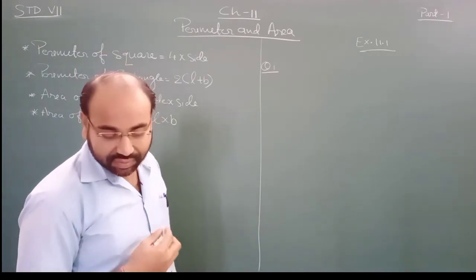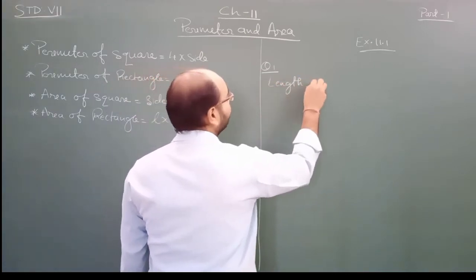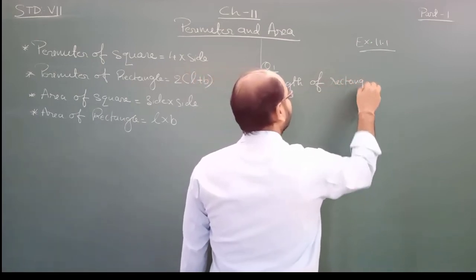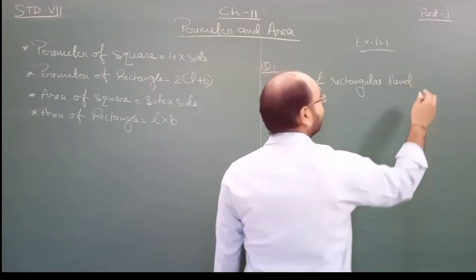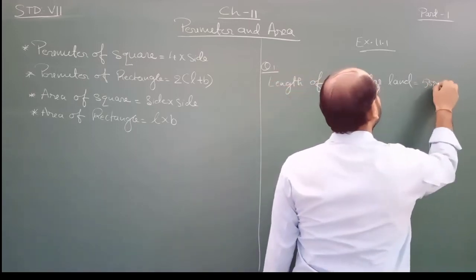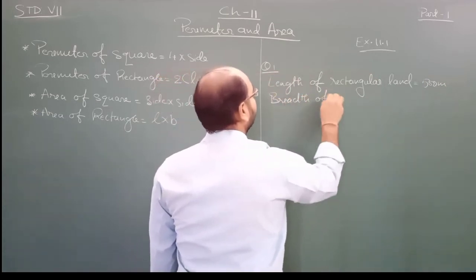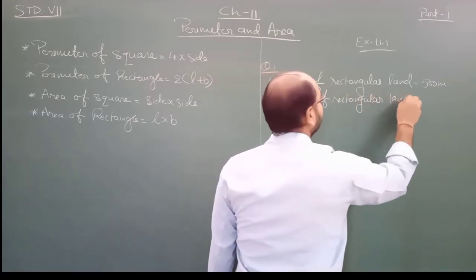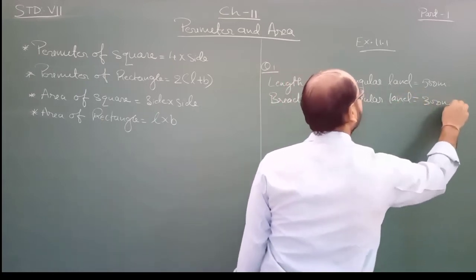Length and breadth of the rectangular piece of land are given. So the statement: length of land, that comes to 500 meter. Then breadth of land, that comes to 300 meter.